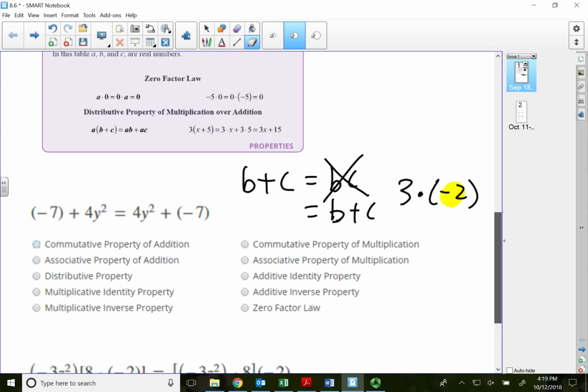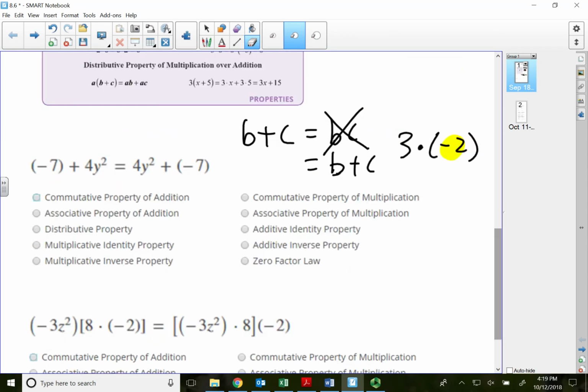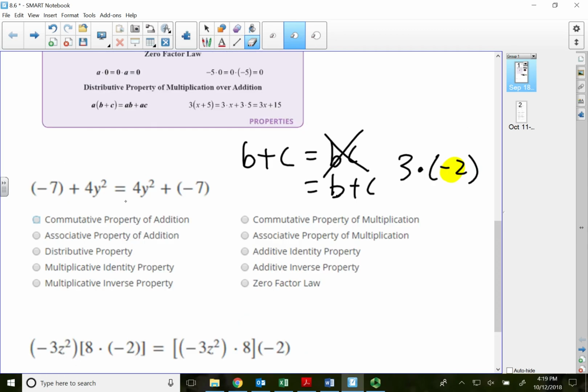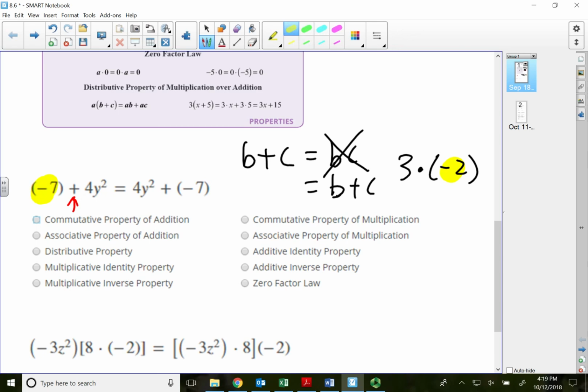Alrighty, so let's try this example. This thing can get a little bit boring after a while. What we look for here is to find the equal sign and see the difference between the left side and the right side. On the left side, there are two terms. The first term is -7, the second term is positive 4y squared.